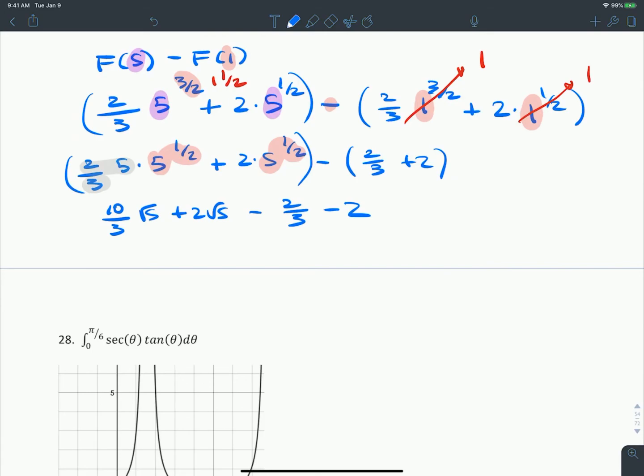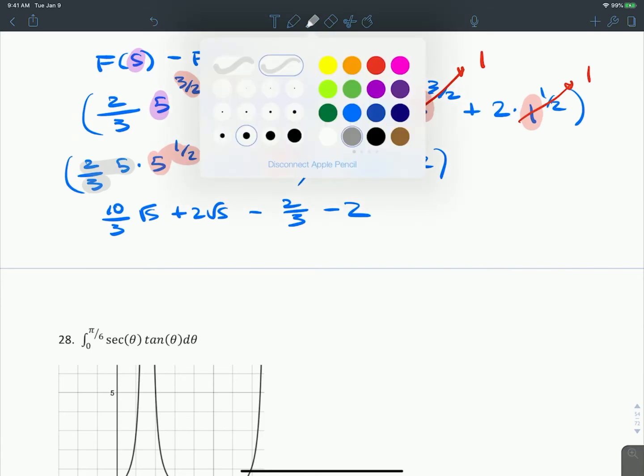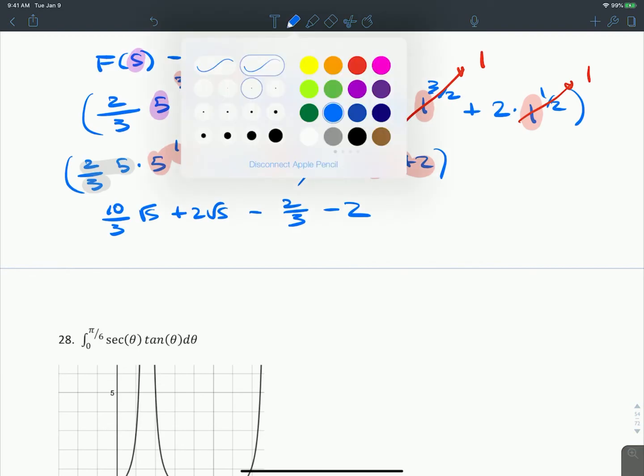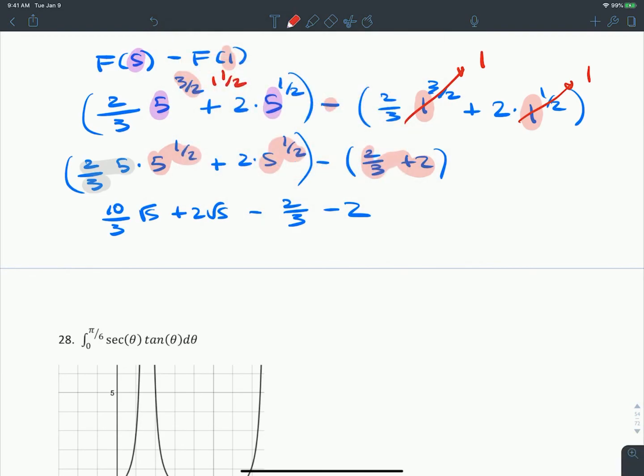So what we can really do here is focus on 2/3 plus 2 and get a value here. I can do the same down here if I like, but it doesn't matter. So let's consider what we have here. 2/3 plus 2, remember we want this to be over the same denominator. So we're going to multiply by 3 and divide by 3.